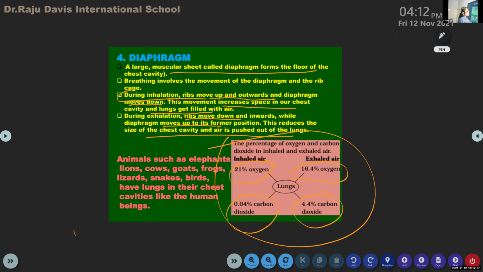Why? Because we already know the chemical formula of glucose in our body is C6H12O6. To store some food we require it. So this is what we inhale and this is what we exhale. Clear?